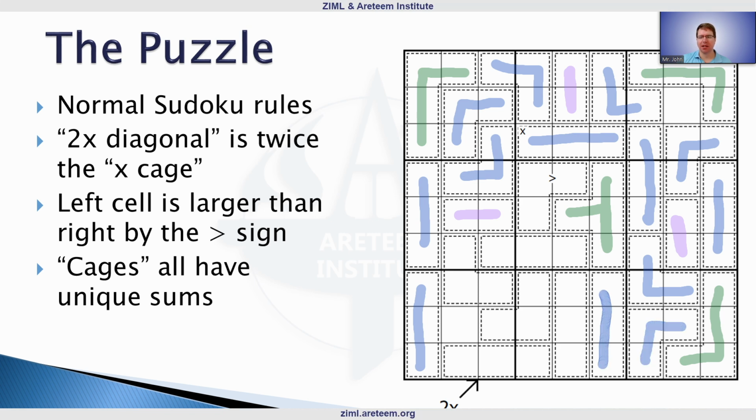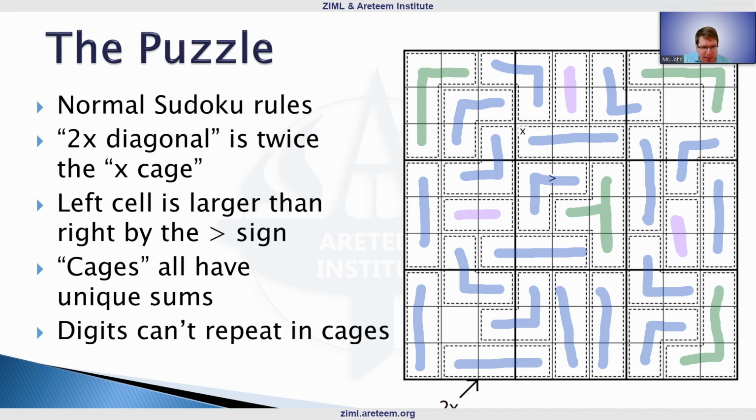But all of these different cages are size 3, and this is saying that the sums have to be unique. So if the 3 numbers in one cage add up to 10, no other cage can have 3 numbers that add up to 10. They could add up to 11, or 15, or things like that, but they could never add up to 10 again.